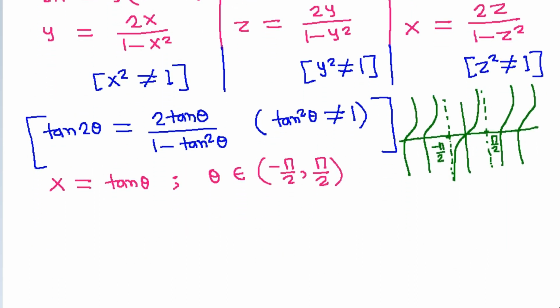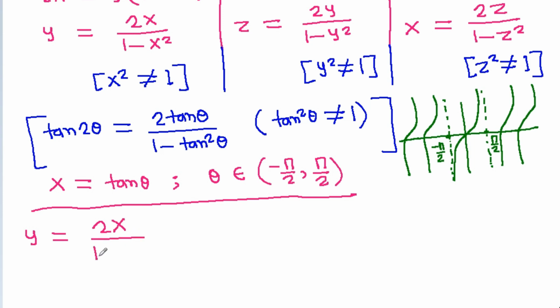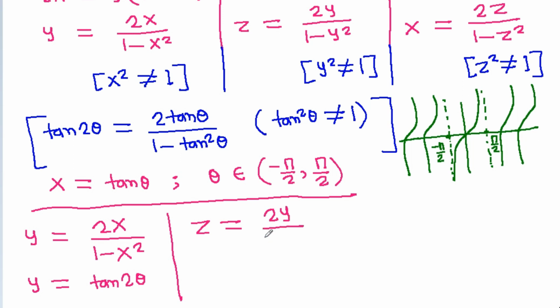And we have y is equal to 2x by 1 minus x square. So y will be 2 tan theta by 1 minus tan square theta, that will be tan 2 theta, and z is equal to 2y by 1 minus y square.